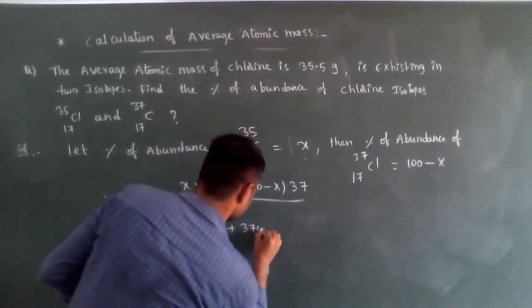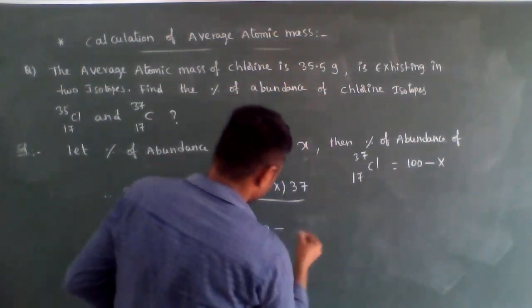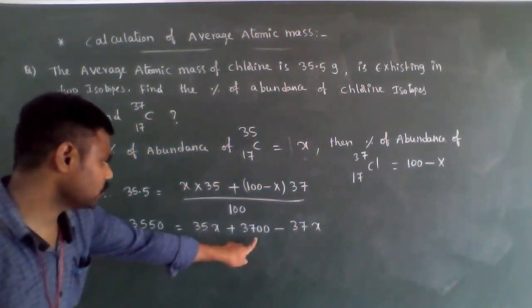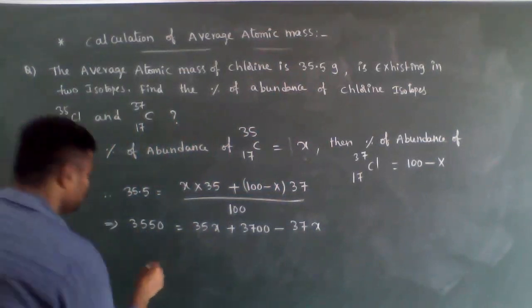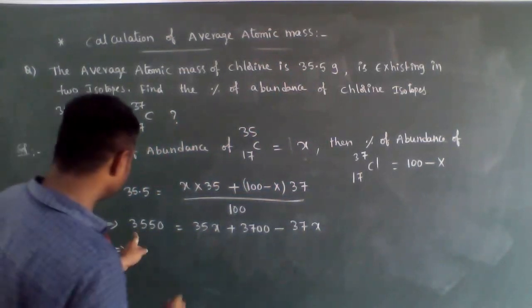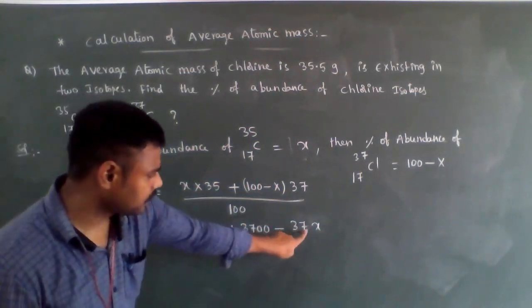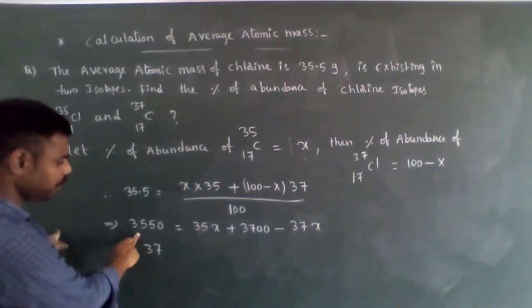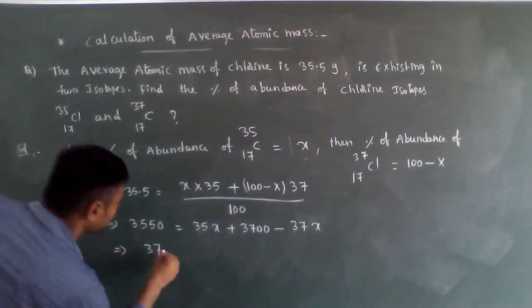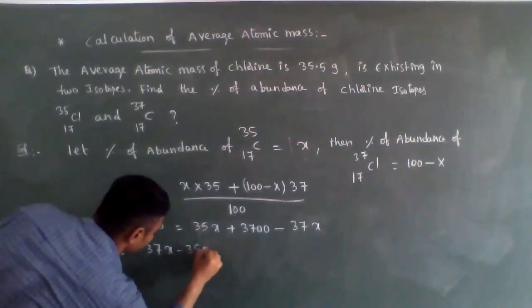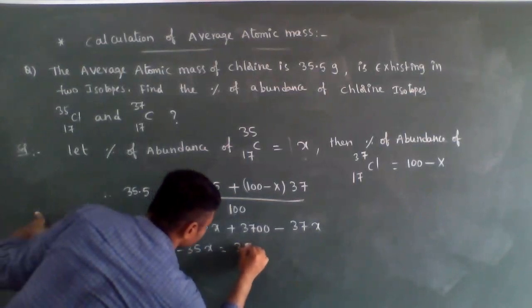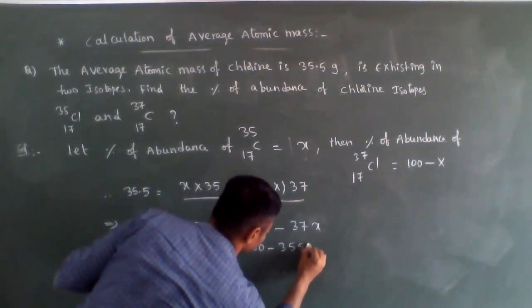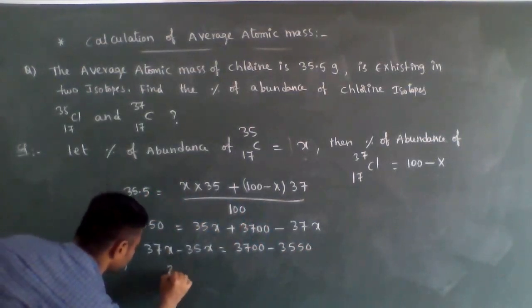3700 minus 37x. This 3700 comes to this side, and the 3550 goes to the other side. The 37x is coming to the left side, so plus, and the 35x positive comes to the left side as minus. It is equal to 3700 minus 3550. Now it is 2x.